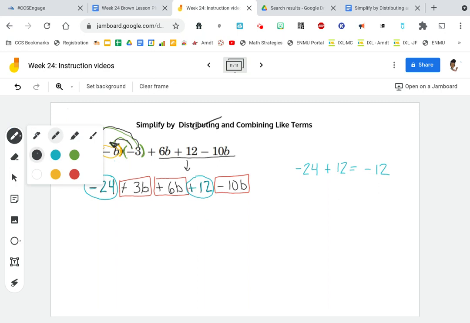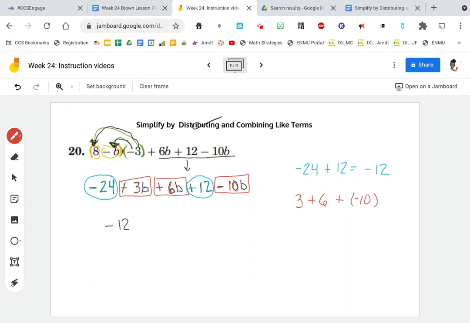So I'm going to write that down, negative 12. Now I need to look at all my terms with b's beside them. So notice I have a positive 3 here. And I'm combining it with or adding it to a positive 6. And I'm still combining it with or adding it to a negative 10.